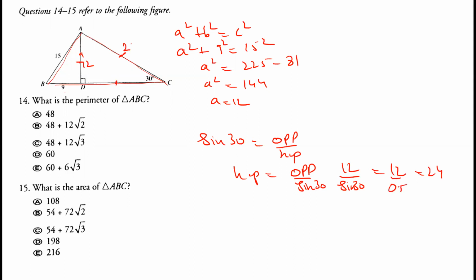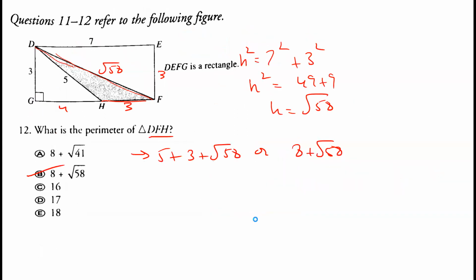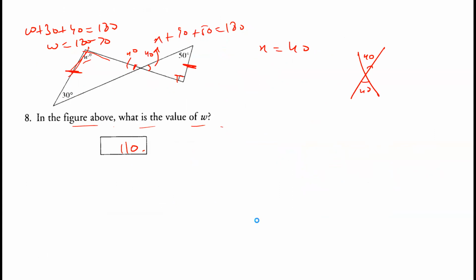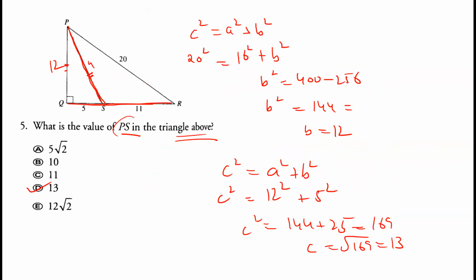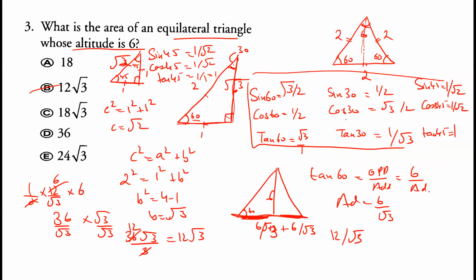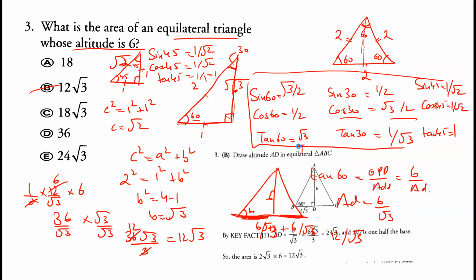So this side will be 24. Now what will be this side? Cos 30 equals adjacent upon hypotenuse. So cos 30 is what? As we have seen before, cos 30 is under root 3 over 2.